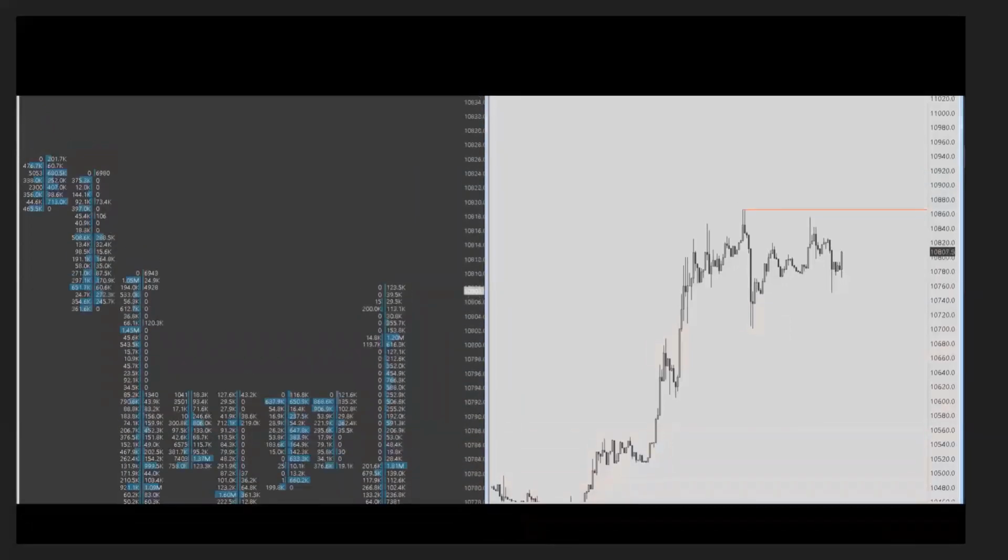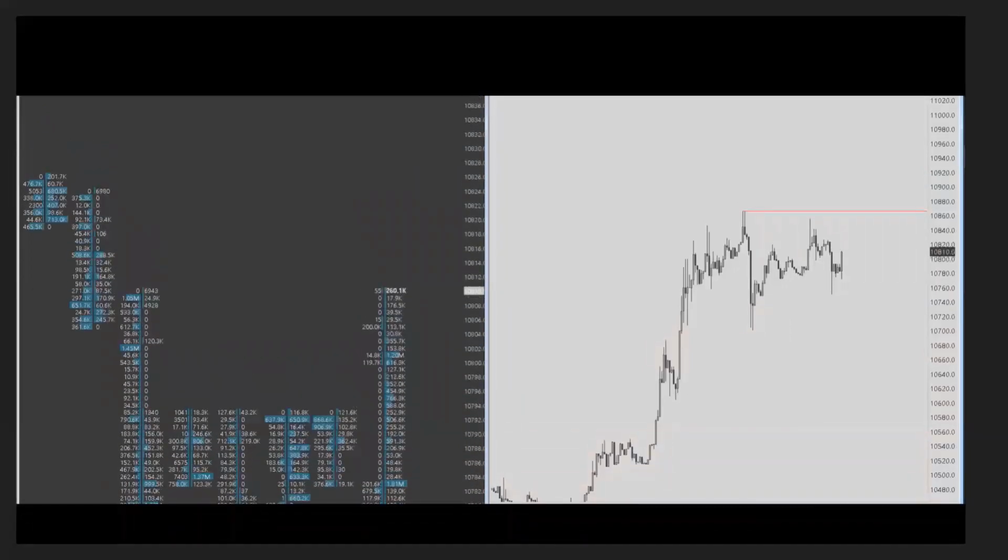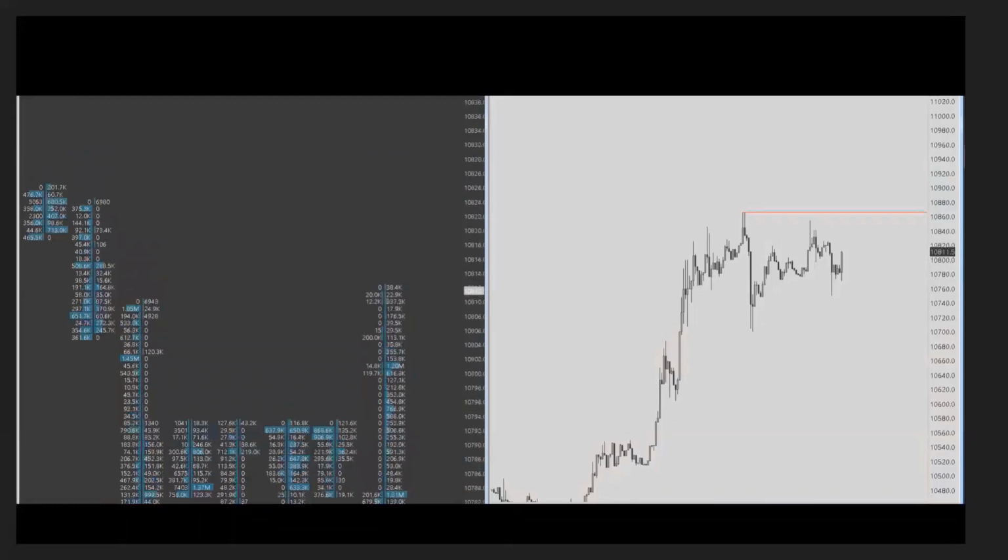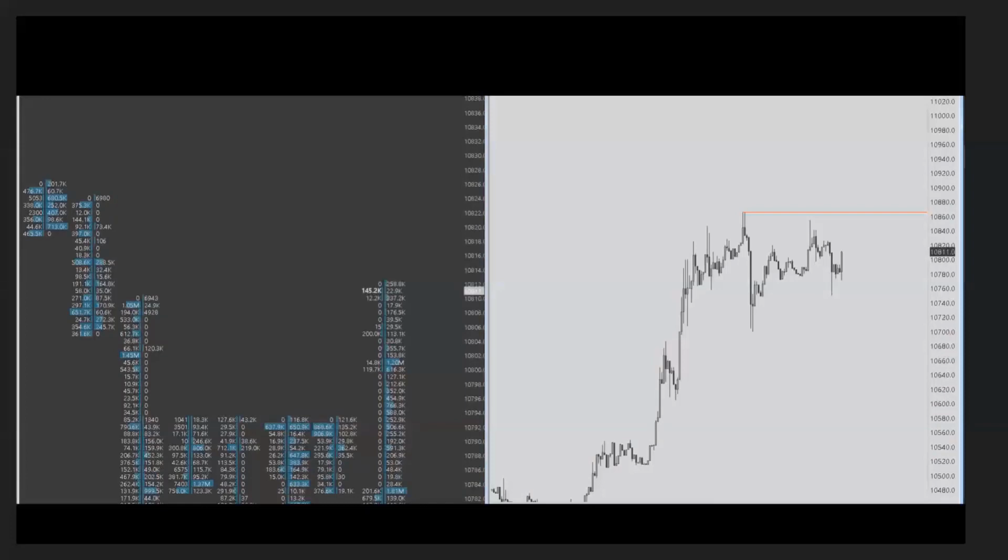Here's another quite nice example of absorption at the highs. Again, note the kind of volume which is trading down there. And then watch what happens when price appears to break out here. You get an illiquid move through the highs.